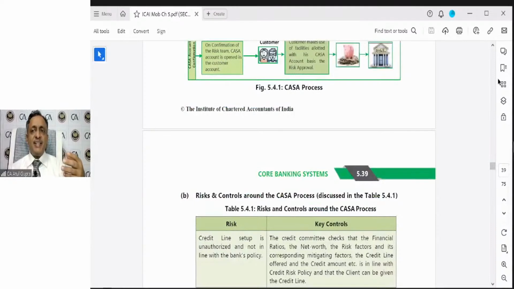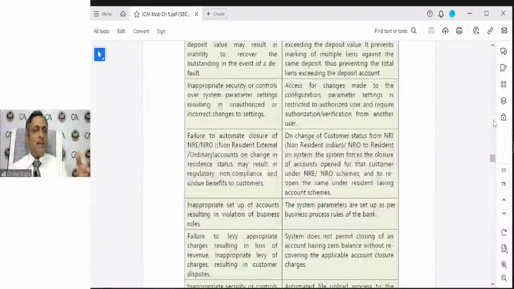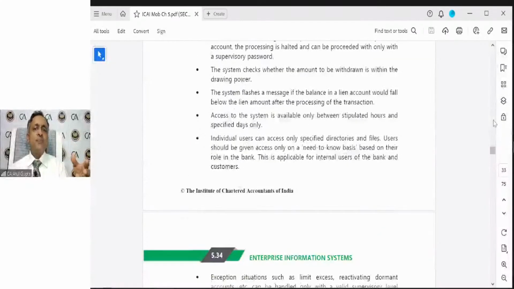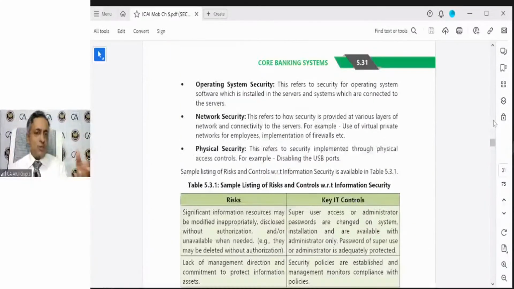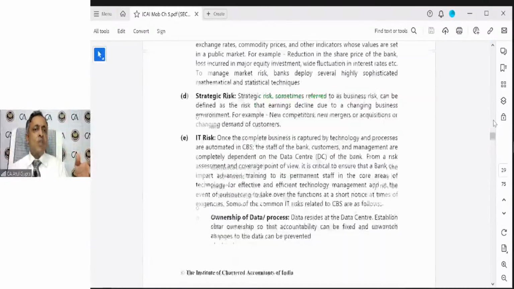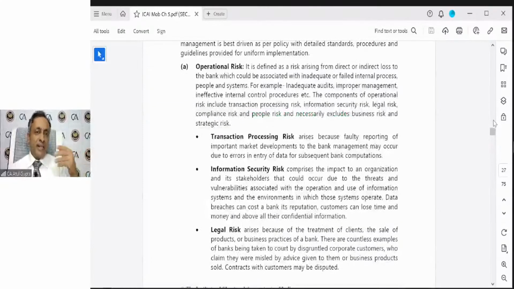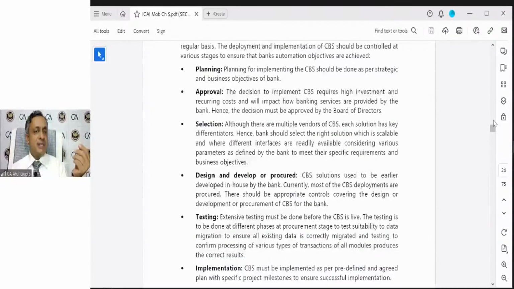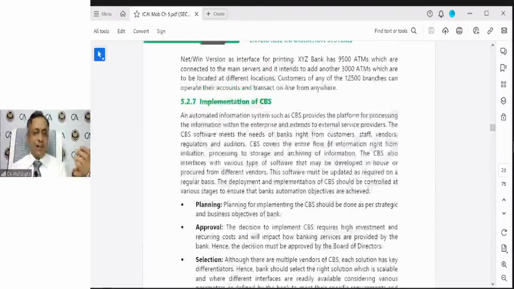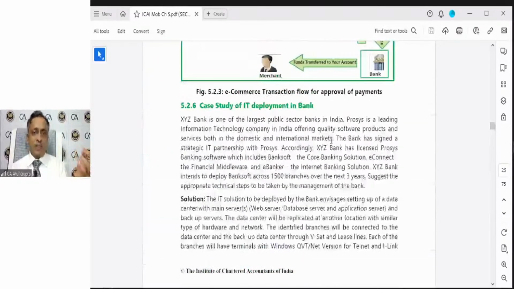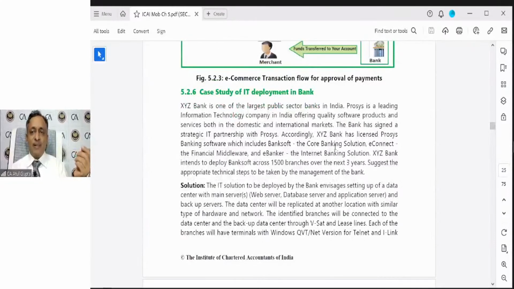So to that extent, this will be applicable here also. Because even if you talk of, say, core banking system, core banking system is also a system. So to that extent, all the ideas about implementation that we talked about in the previous chapter are relevant here also. Okay. So here is a case study that is in the module. I'll read through this and then we'll try to draw down the key steps.